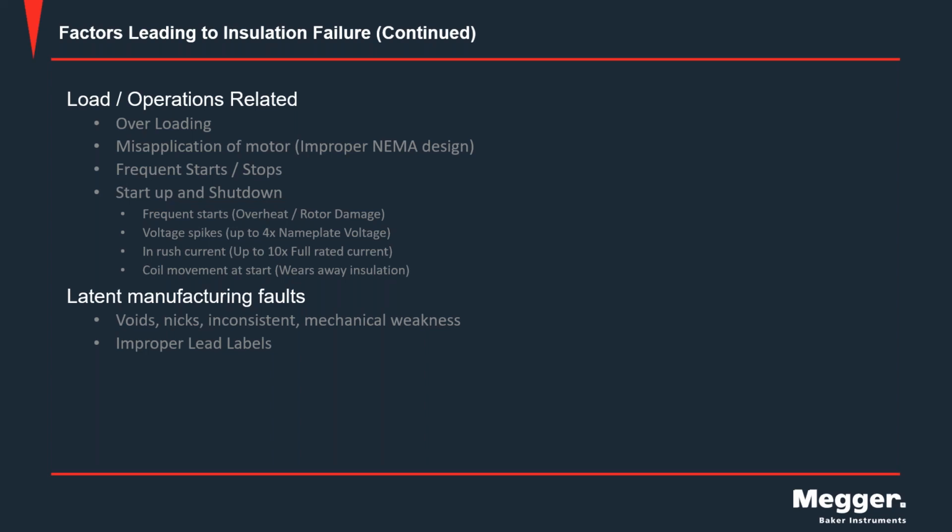Frequent starts and stops. Frequent starts, again, we have to put protection systems around our motors because they're dumb and don't even know their own nameplate. In other words, they will keep trying to do what the load is telling it to do until it can't anymore.